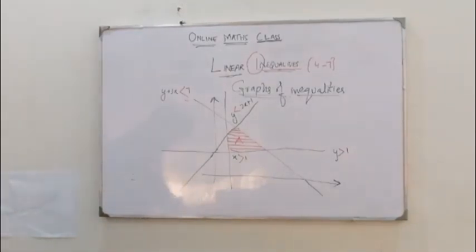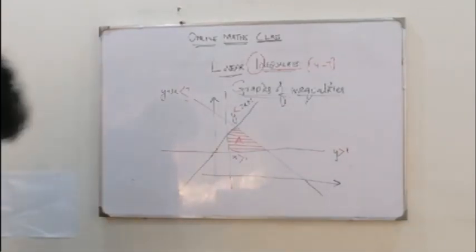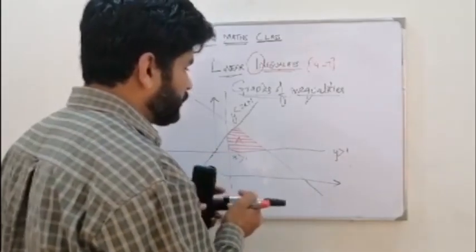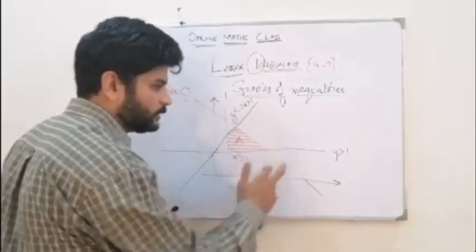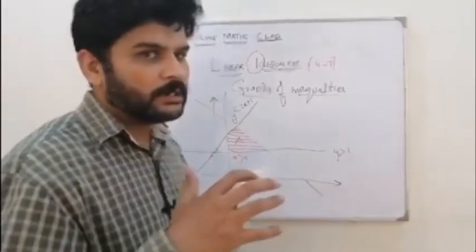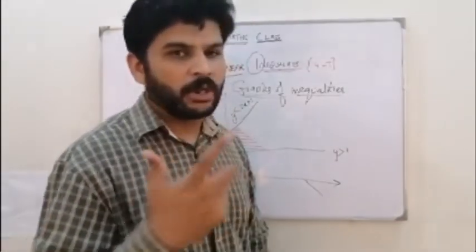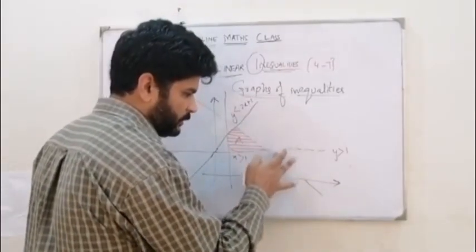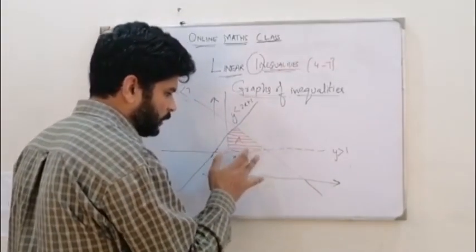So let's see the next, which is, now if these lines are solid lines, what do I mean by the word solid lines? Solid means these are not dotted, like these are dotted ones. Now this is a dotted line, look.